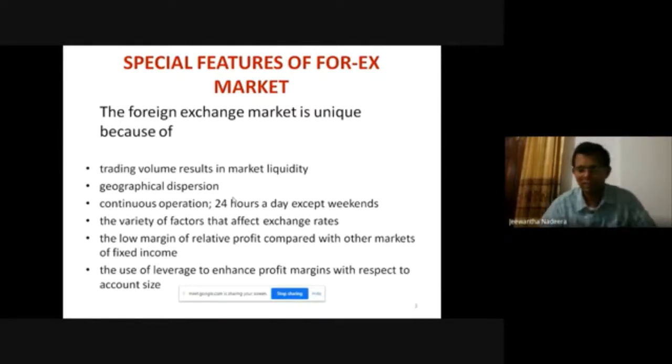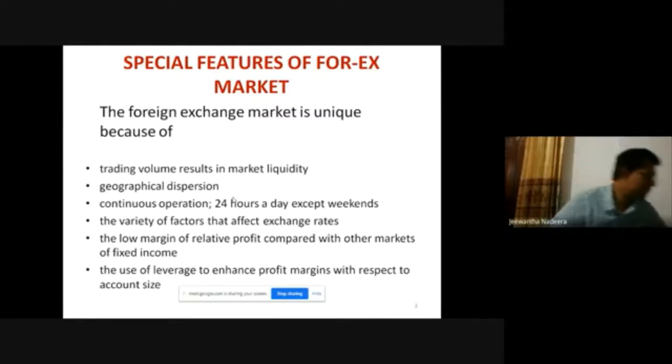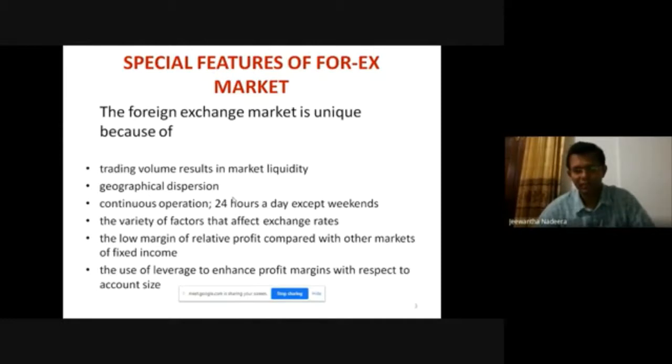We need fresh funds. We need new money. We need new dollars to the country. So that's why we issue to overseas or offshore investors to invest in sovereign bonds, and we have not issued any international sovereign bonds last year.